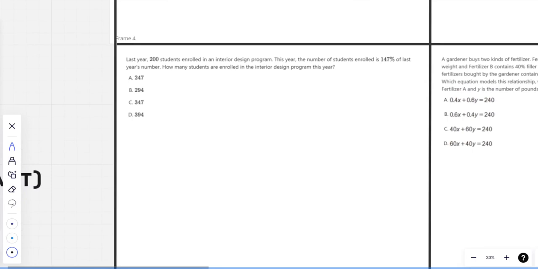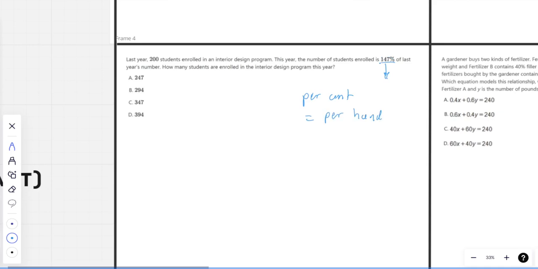Next problem we've got here. Last year, 200 students enrolled in an interior design program. This year, the number of students enrolled is 140% of last year's number. How many students are enrolled in the interior design program this year? Well, 140%. Remember, I just talked about percent being per 100.